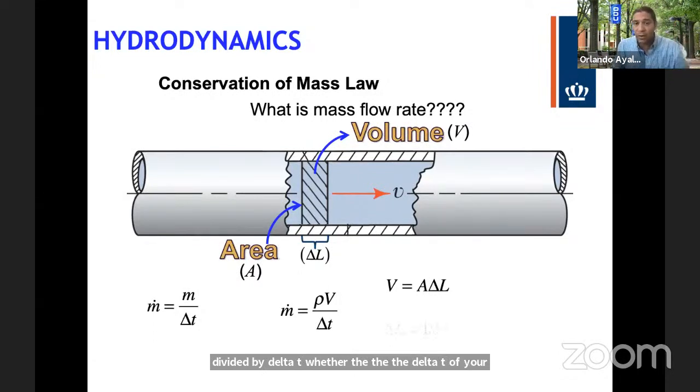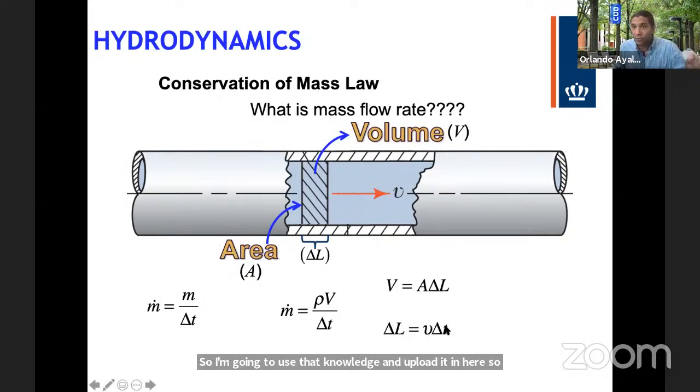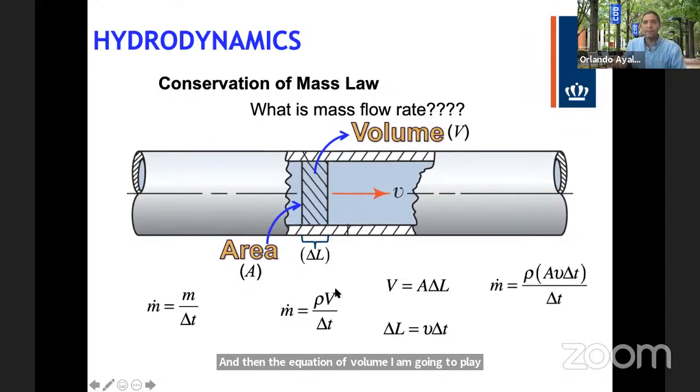So I'm going to plug that in here and use the concept of velocity to solve for delta L. Now, look what I'm about to do. I'm going to get this delta L and plug it into the equation for volume. Then the equation of volume, I'm going to plug into the mass. Voila, this is what we have.